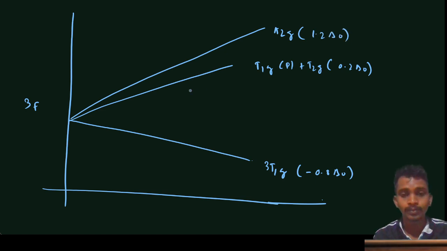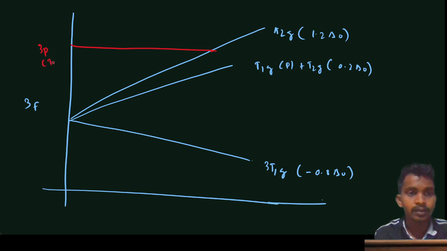Okay, that I put here, and now that excited state 3P, this will come here and this will cross here. Okay, this is the crossing point. After that, this is T1g, this value is T1g(P), so this is T1g, and also T1g is there, and T1g is here.